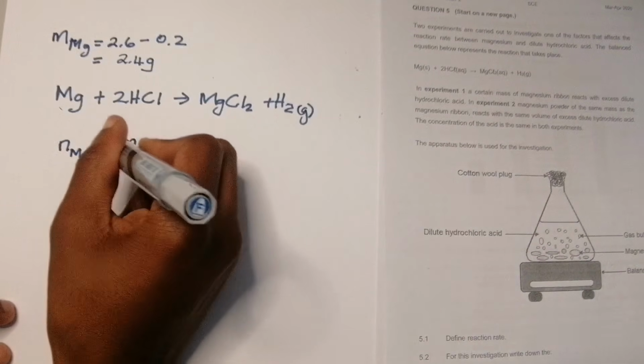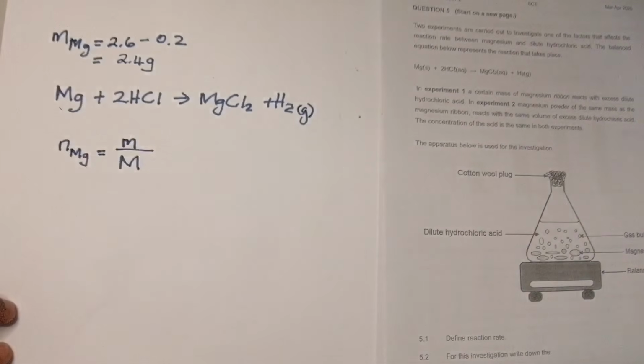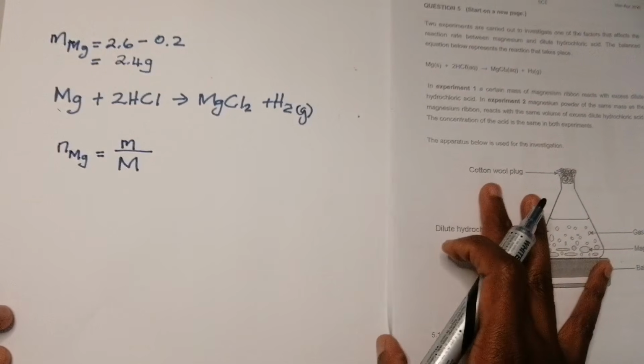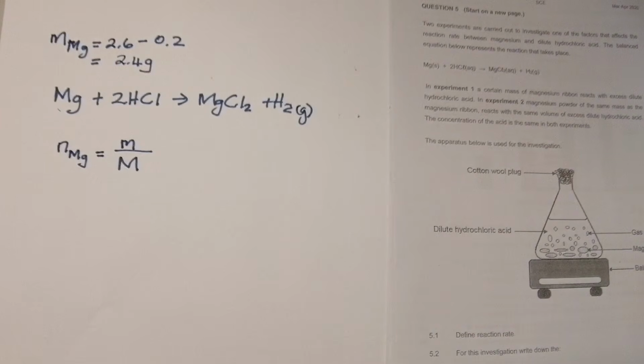This is equal to mass divided by molar mass. Of course, I'm assuming that we would have done this in grade 10, grade 11. So we're quite familiar with it, okay? Just remember, ladies and gents, for those of you who are doing either the SCE exam or the senior certificate exam, or who are writing the final exam in November, those who are doing the national senior certificate, you are given these things, okay?